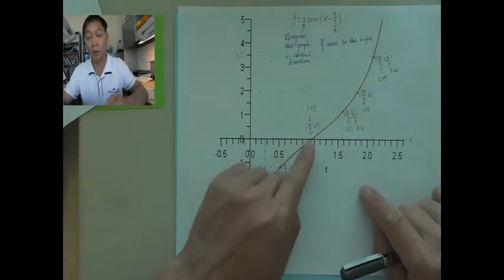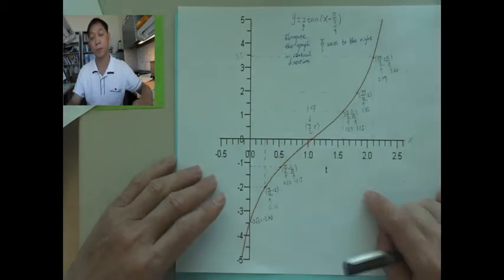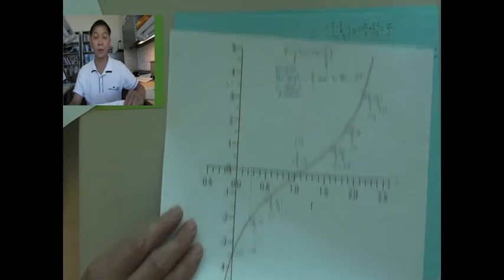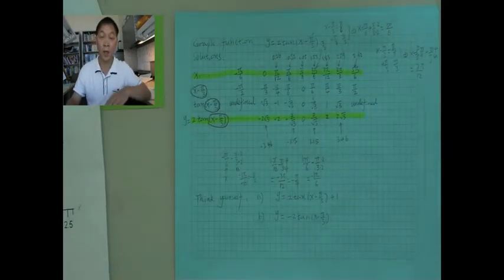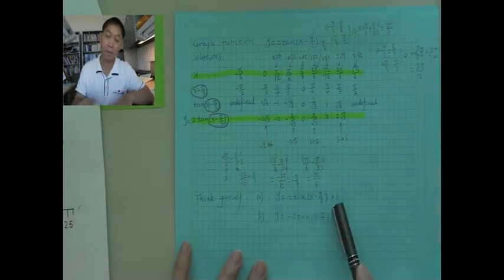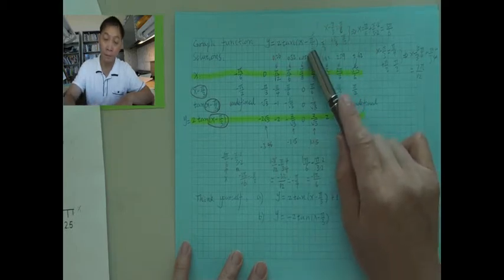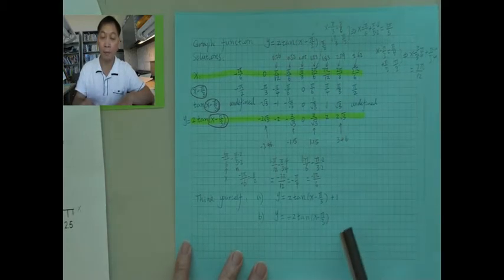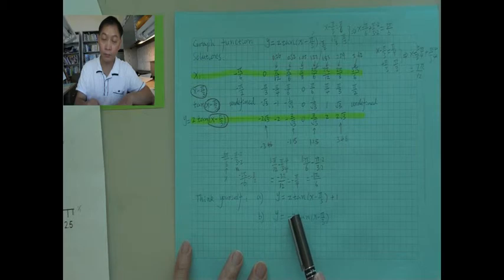So basically this picture will be 1 unit up. So that's the picture for this one. So we did this one, and then we considered, let yourself consider these two cases.